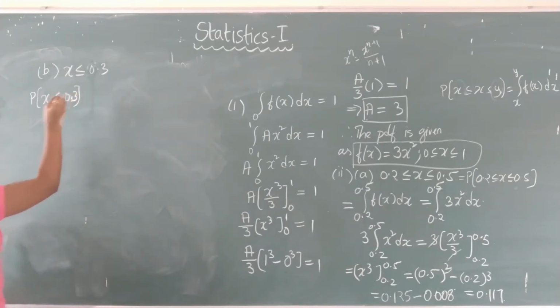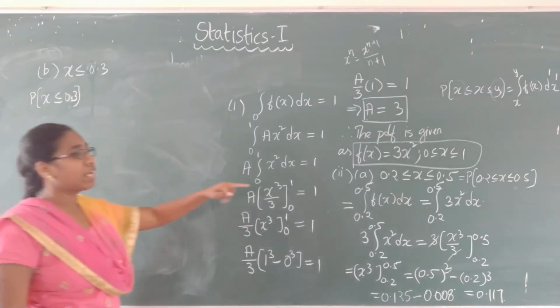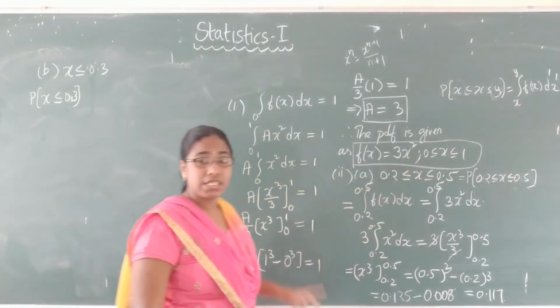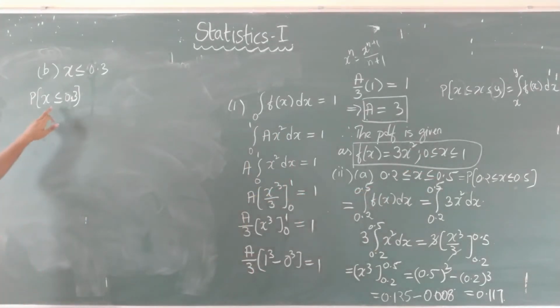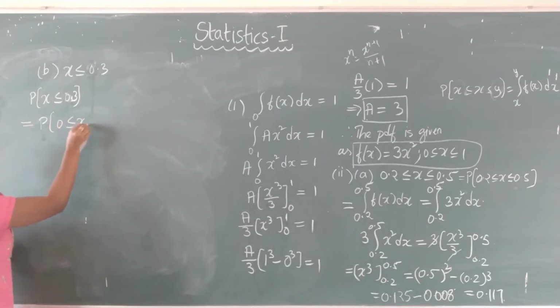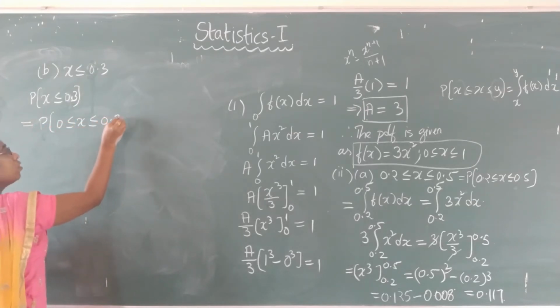So this is our upper limit, but we don't have the lower limit. So generally for the given PDF, what is the lower limit? The lower limit is 0. So we will be considering less than or equal to 0.3, that means up to 0.3. So this is equal to the probability of 0 less than or equal to x less than or equal to 0.3.